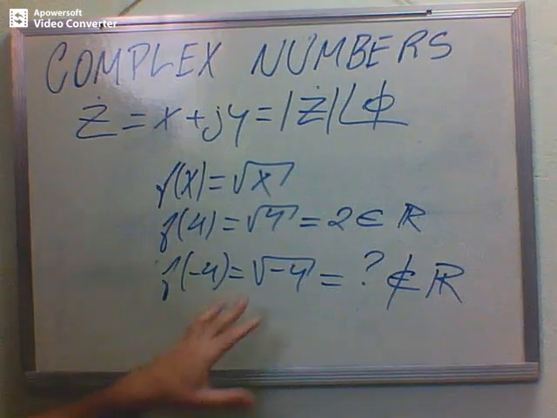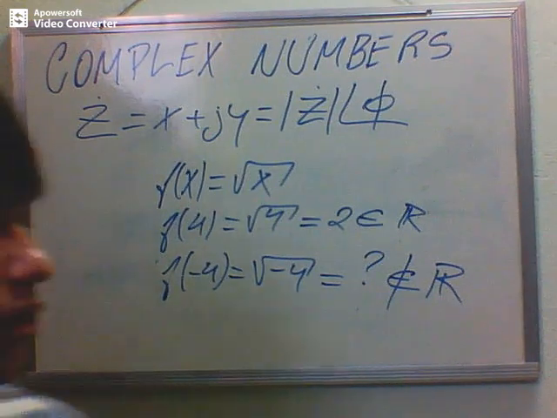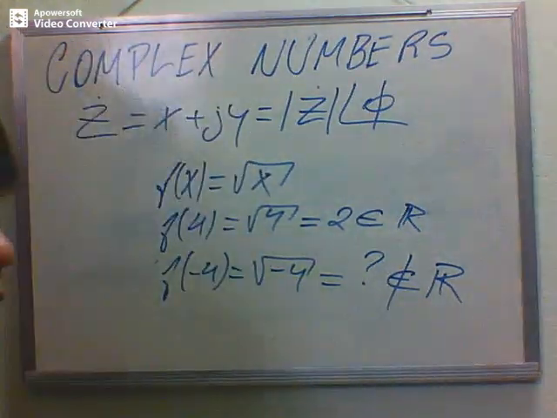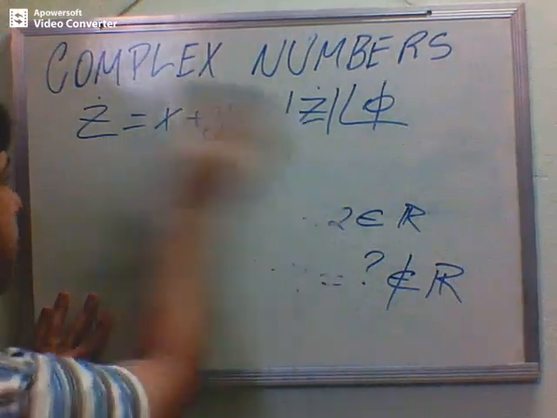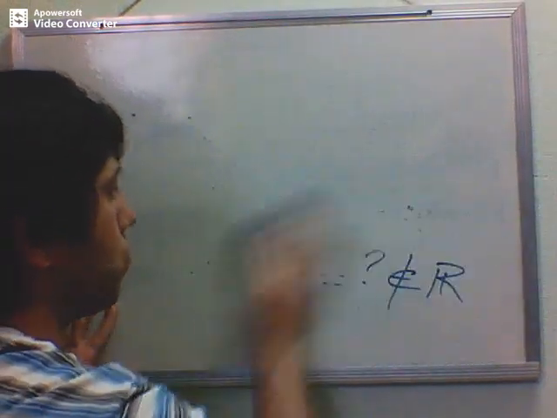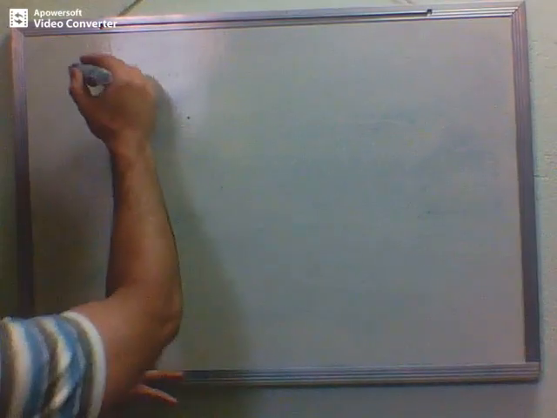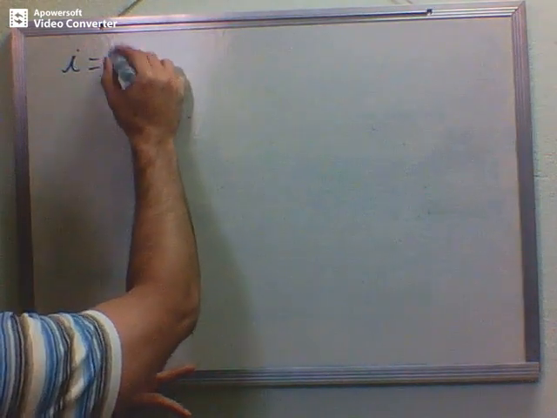To deal with the square root of negative numbers, mathematicians defined a number which they called i. i is the square root of negative 1.